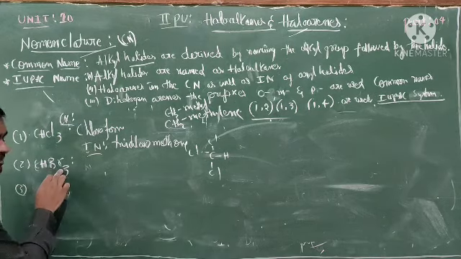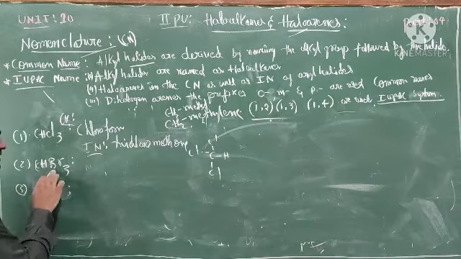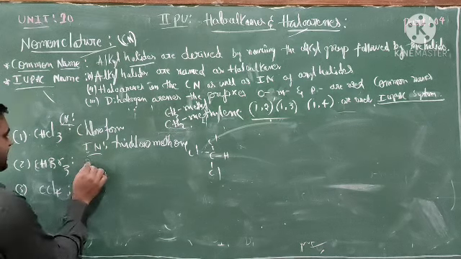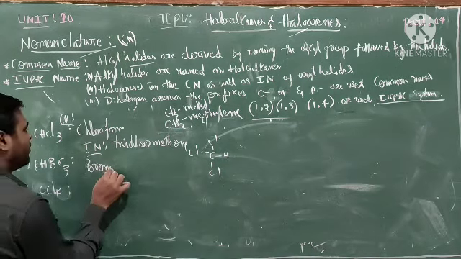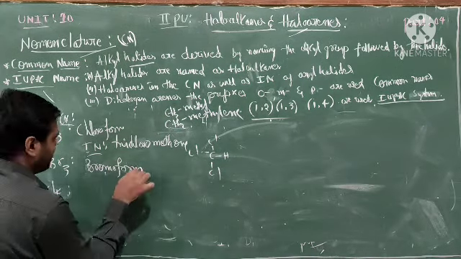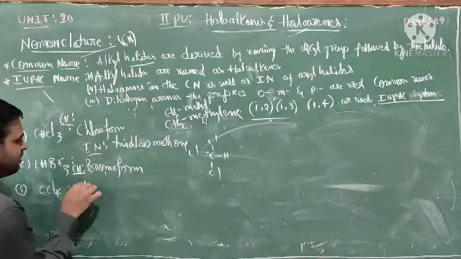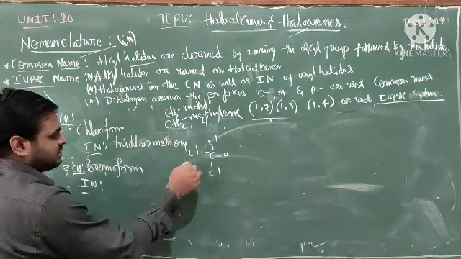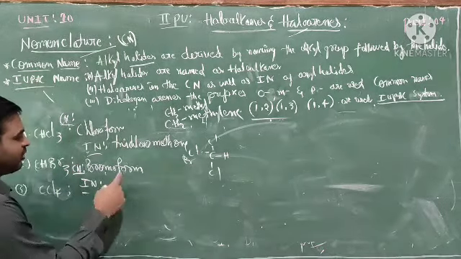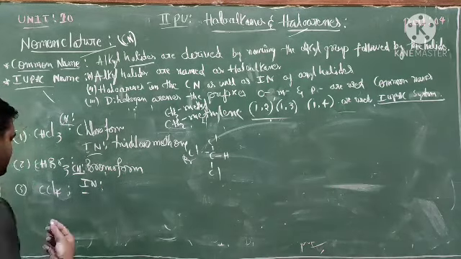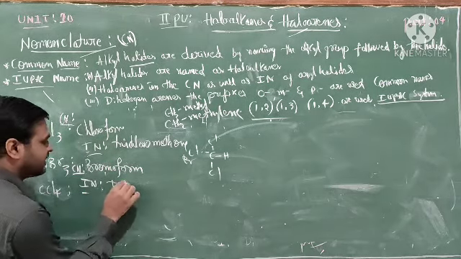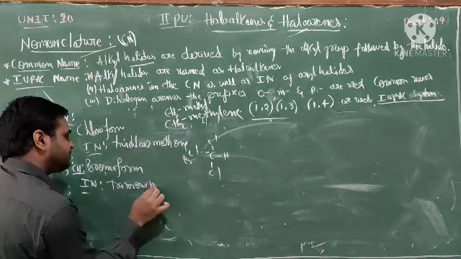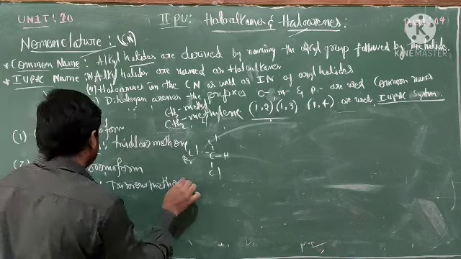Similarly, another example is CHBr3, with bromine. This is called bromoform, the common name. What about the IUPAC name? Tri, replaced by Br: tribromomethane.